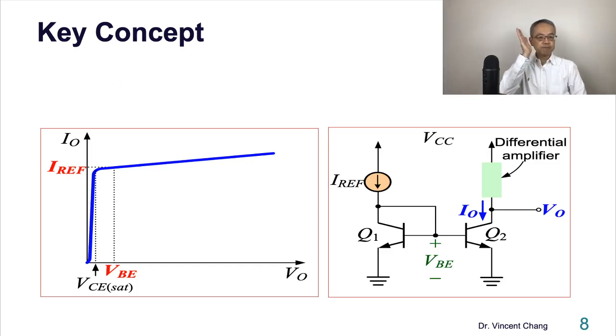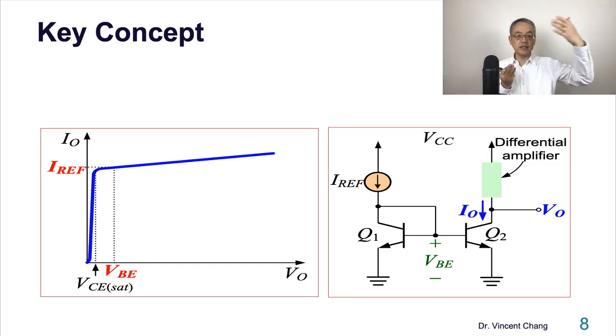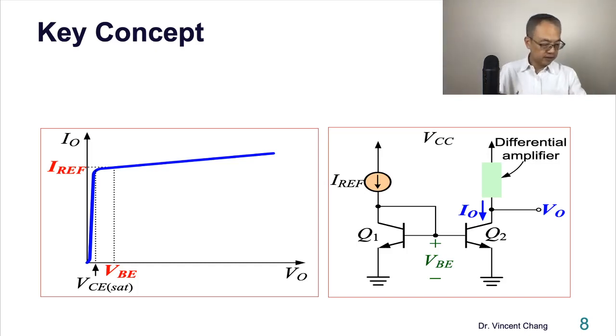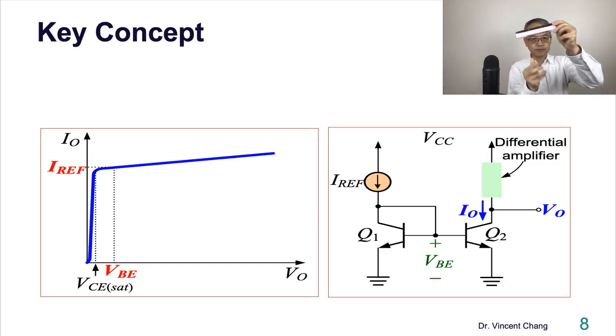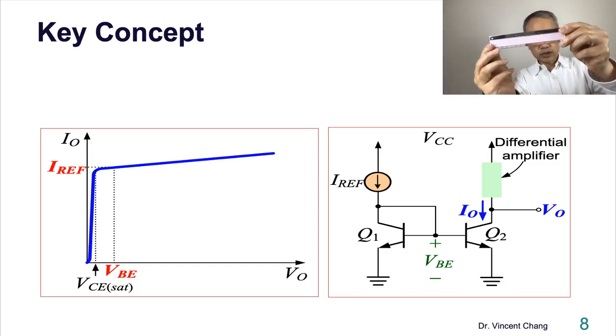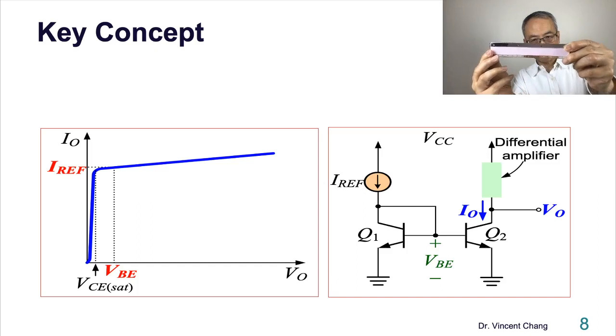Because you cannot find an ideal constant DC current source. In reality, the current source is not constant. Some current sources go like this, but others go like this. Some current source is kind of flat, but not really exactly flat.